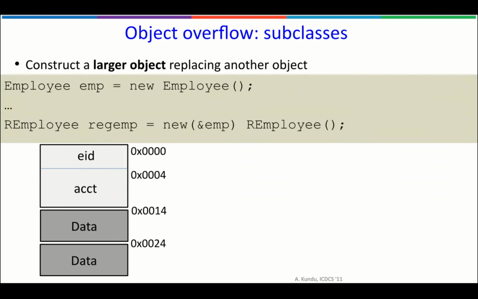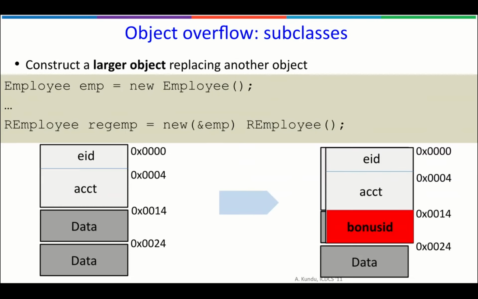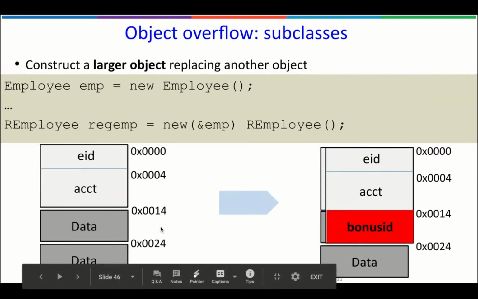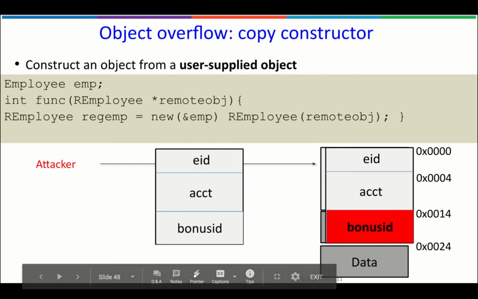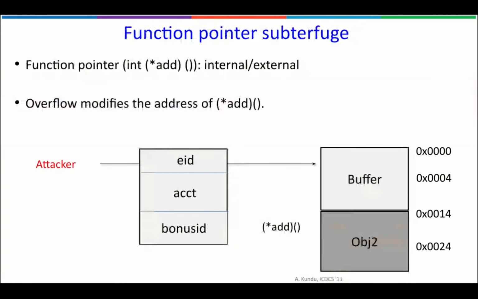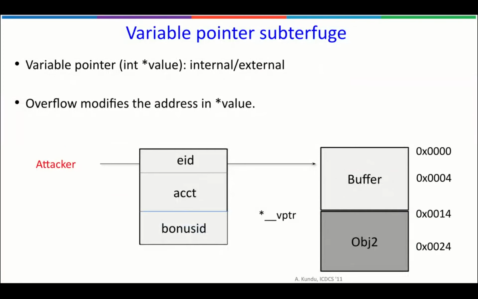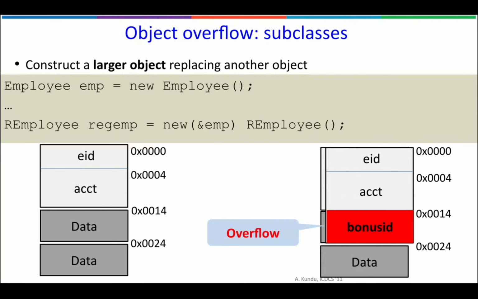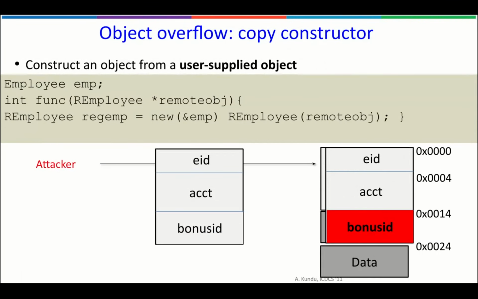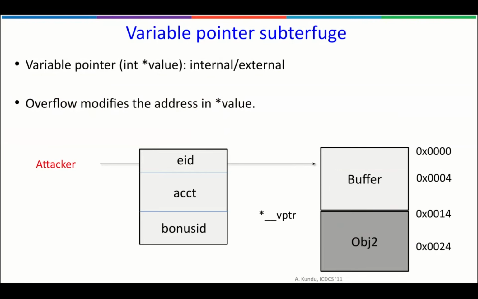Now you create an rEmployee object called regular employee, rgEmployee, at emp. This is what you see. There is data from 14224 here, and bonus ID overrides the data. Right? So you carried out an object overflow here. You can also carry this out by copy constructor. You can carry out overflow here using user supplied objects.